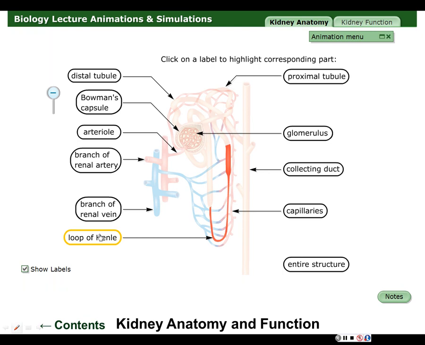So from the proximal convoluted tubule fluid is going down, the filtrate's going down, so we call that the descending limb of the Henle. Then it hits the loop and then it travels up, and so we call that the ascending limb of the loop of Henle. The next structure is called the what?